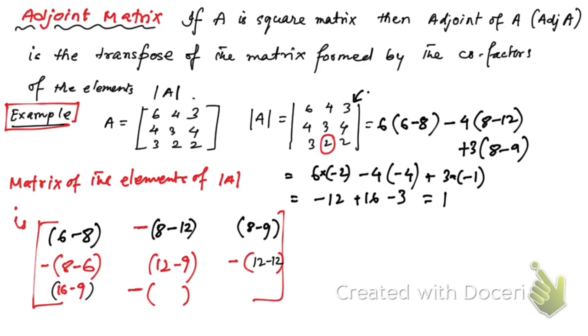So now the cofactor of this 2: ignore this and this, then 6 times 4 is 24, 3 times 4 is 12, so 24 minus 12.